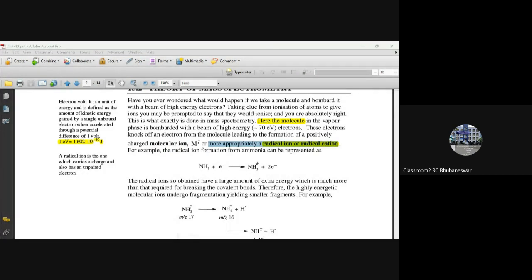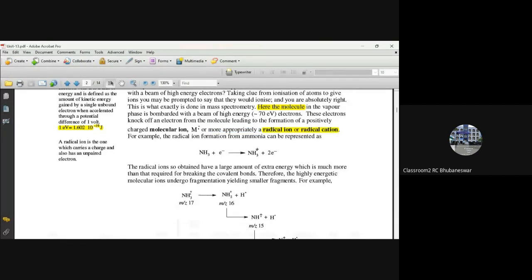So this electron beam is knocking off an electron, making the molecule a positively charged molecular ion, and more appropriately a radical ion. One example has been given here.